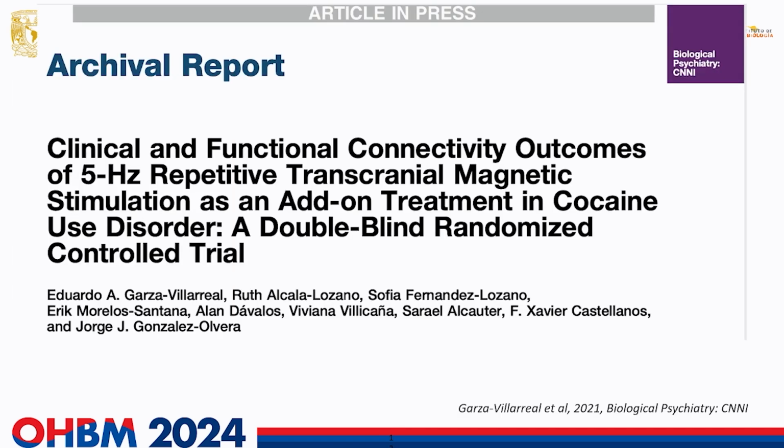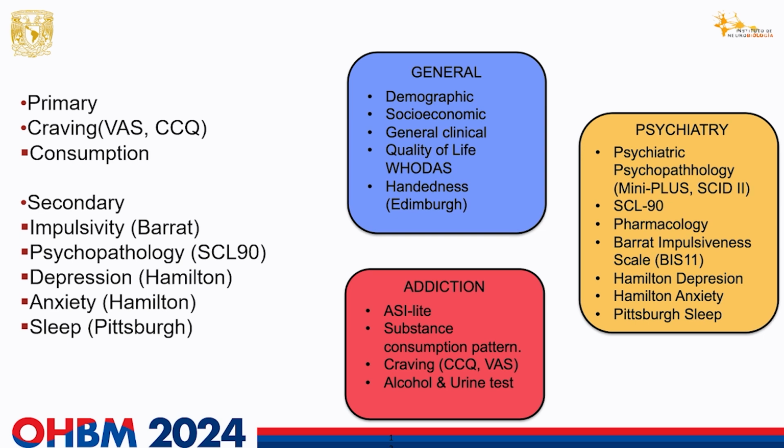And so in 2021, we published this study on cocaine addiction, but I also wanted it to be a data set that people could use, not only for my study, but for a lot of people. So we did a double-blind randomized control trial. Not preclinical, sorry, clinical.